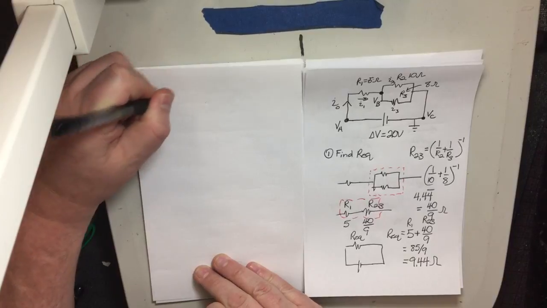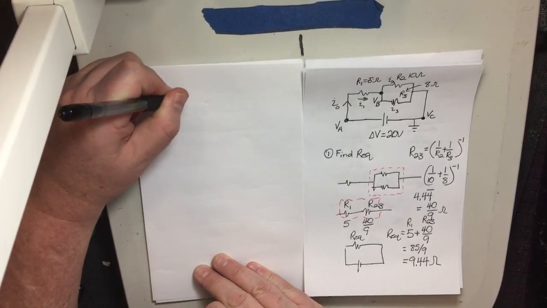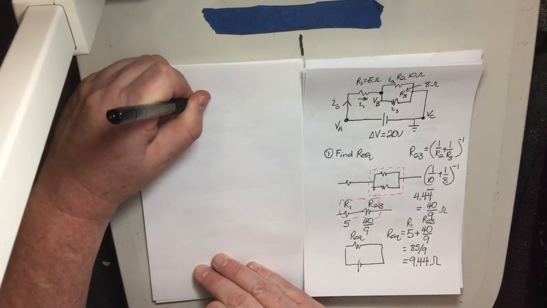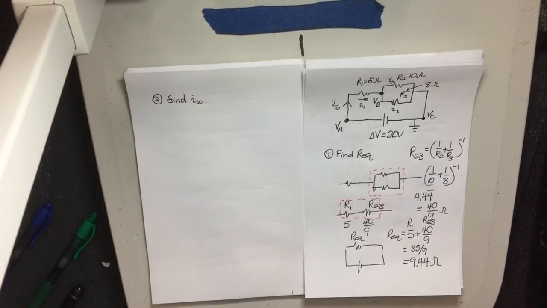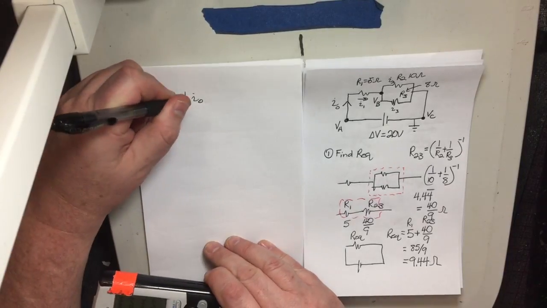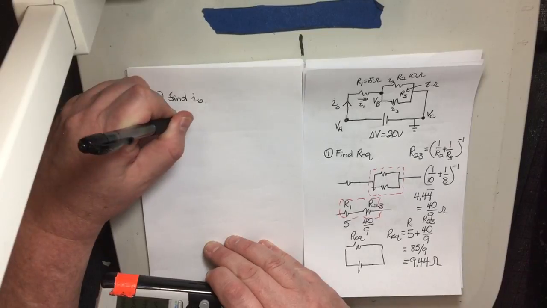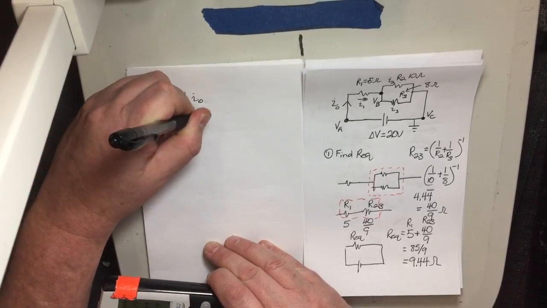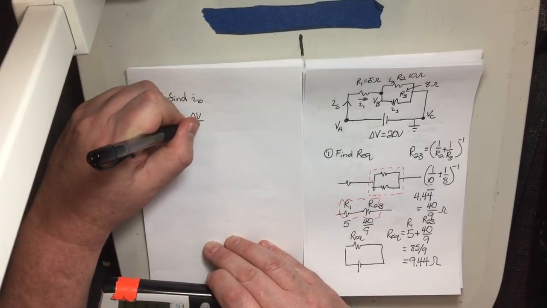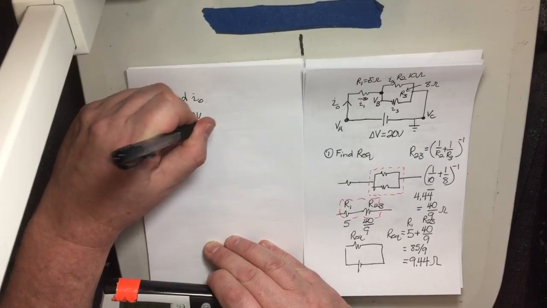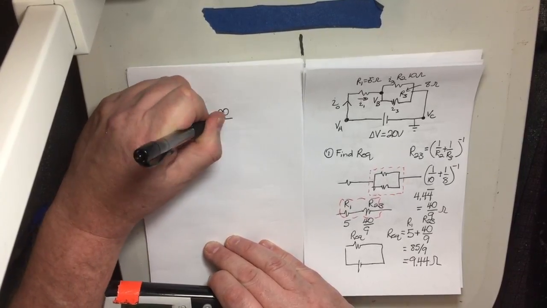Stage 2. Find I naught. Find the current running through the entire circuit. This is the current that's flowing through the battery. So I naught is delta V, the battery strength, divided by REQ. Delta V is 20.